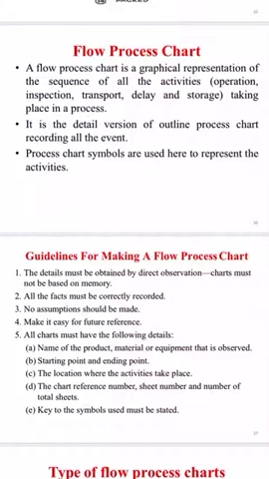But in the flow process chart we need to record all the activities: those related to operation, inspection, transport, delay and storage. It is the detailed version of the outline process chart, which records all the events or activities. Process chart symbols are used here to represent the activities.